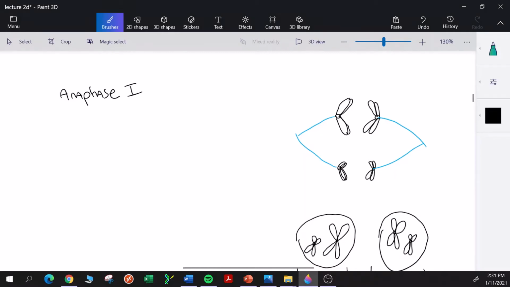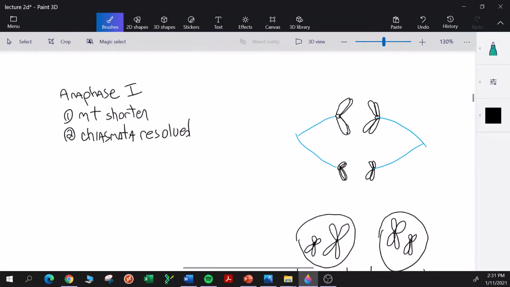So during Anaphase I, the microtubules shorten and the chiasmata are resolved. As a result, the homologs move apart from each other, one moving to one pole, the other homolog moving to the other pole.